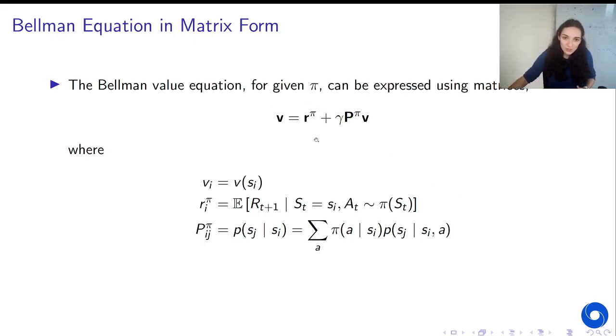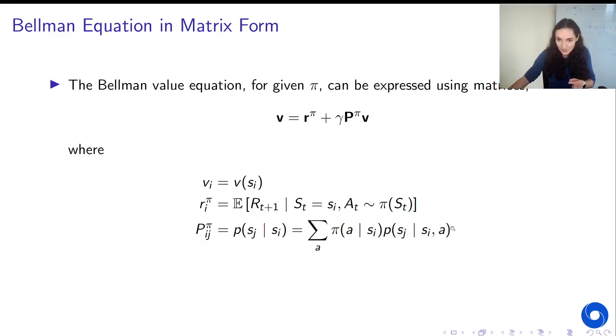So this leads to this matrix Bellman equation for the expected return under policy pi, where v and r are now vectors, and this matrix is the probability of transition from state i to state j under the transition kernel of the MDP and under policy pi. So just to write this out, this is the probability of starting in state Si, taking action A, and transitioning to a state Sj.